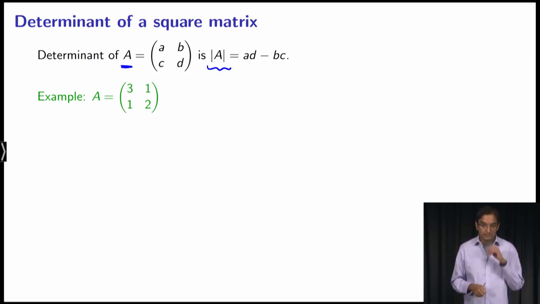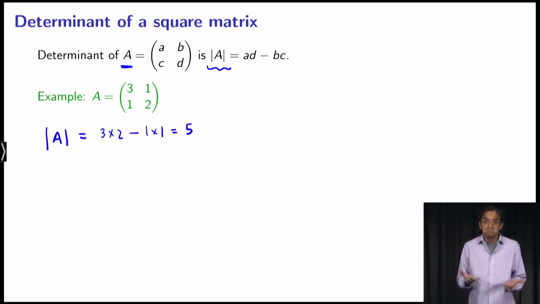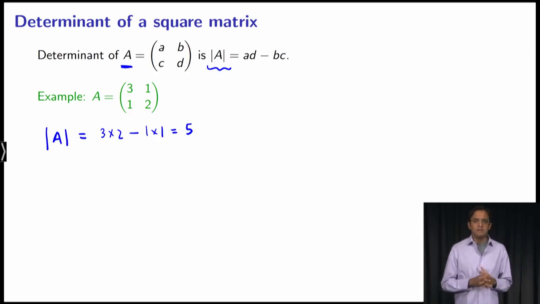So for example, for this 2 by 2 matrix over here, the determinant of A is 3 times 2 minus 1 times 1, which is 5. It seems a little bit random.